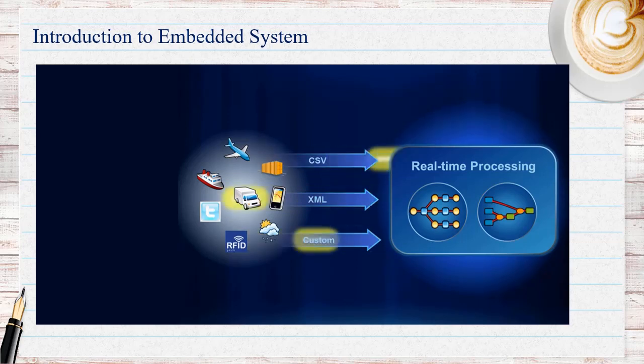RTOS defines the way the system works. It sets the rules during the execution of the application program. A small-scale embedded system may not have an RTOS. So we can define an embedded system as a microcontroller-based, software-driven, reliable, real-time control system.